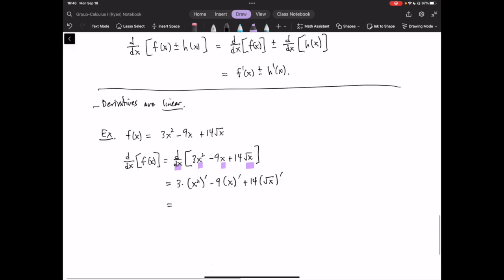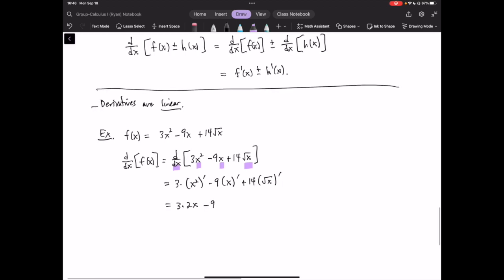Whenever you pull these constants out, you have to remember they have to hang around, so that 3 has to hang around. The derivative of x squared is going to be 2x, just following our power rule. Then we have our minus 9 times the derivative of x. We said earlier in this lecture that the derivative of x is 1, so that's times 1, plus 14 times the derivative of the square root of x, which we could work out again, but we've already done it.